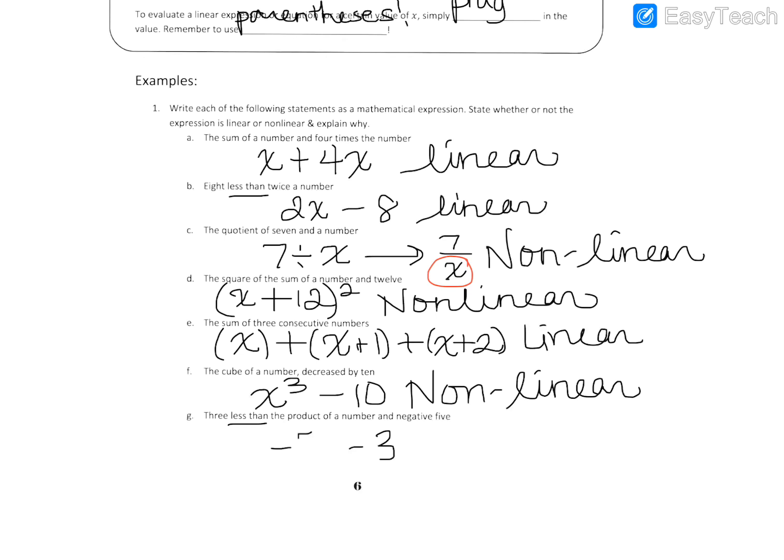Okay, so the way we would write that is -5x. If you wrote it like this, that's fine. This is just the way that we normally would write it to make it a little bit easier to read and a little bit simpler. Okay, so this one is linear because the x has an exponent of 1.